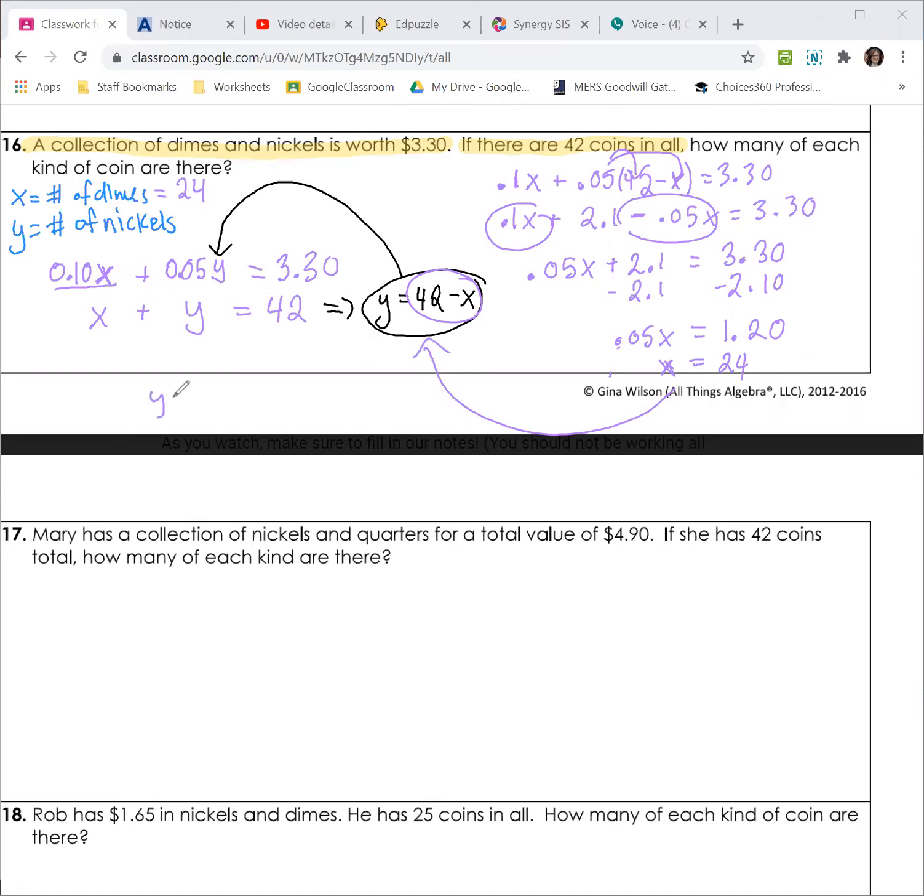So I say y equals 42 minus, instead of x, I'm going to write 24. So y equals 18. I have 18 of those. All right, I am going to let you do number 17.